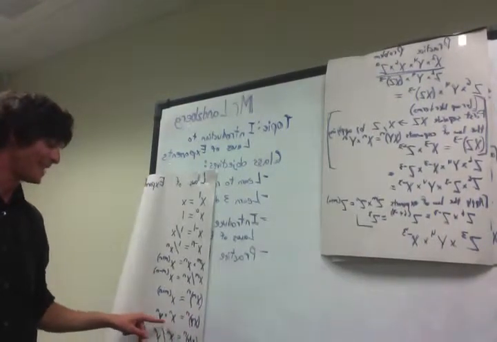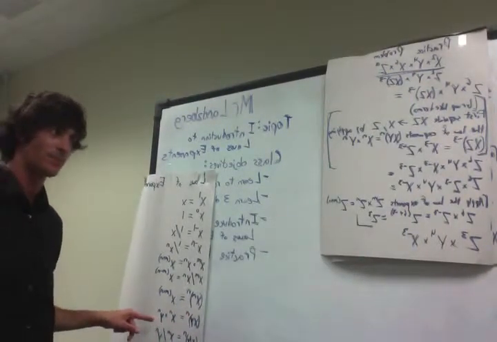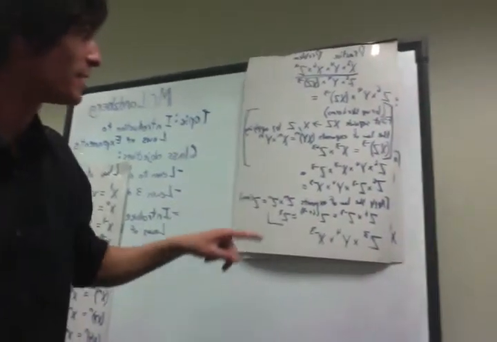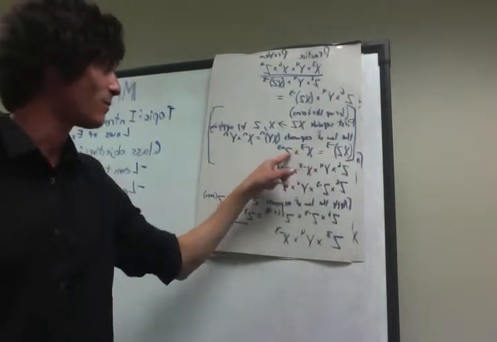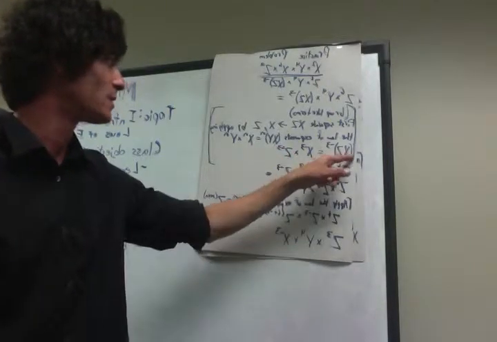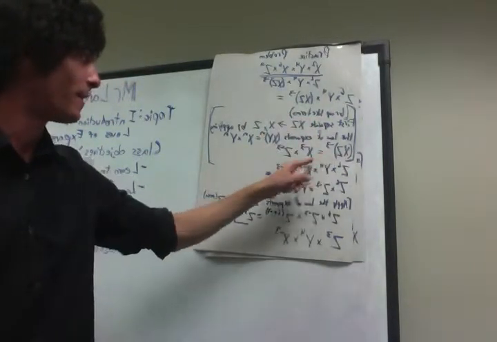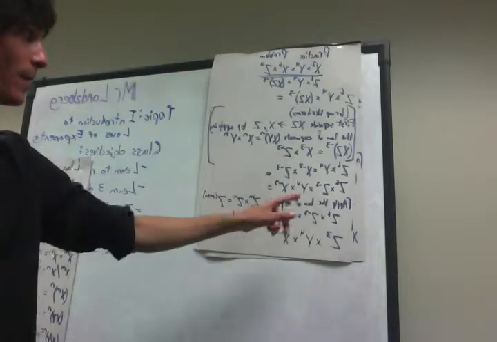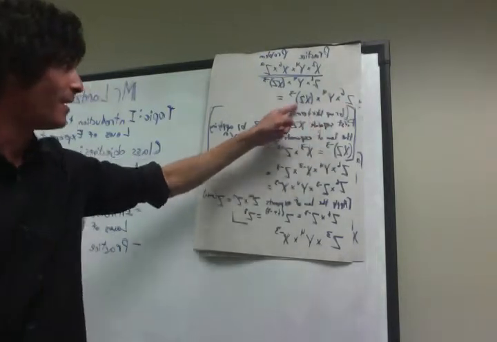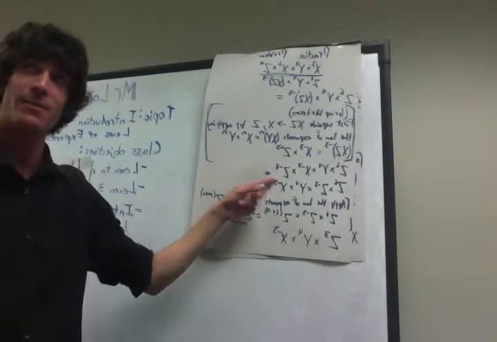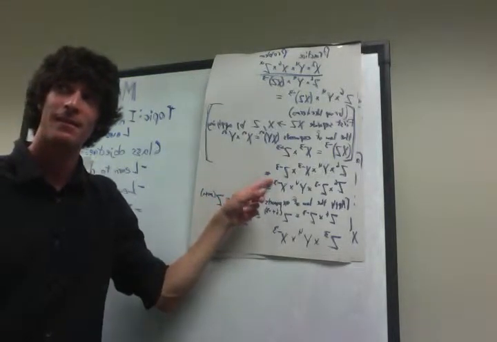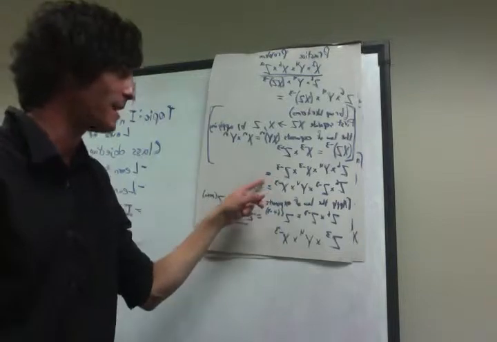X times z to the negative 3 equals x to the negative 3 times z to the negative 3. So we substitute in this term for this term because they're equal. That's how this becomes this. Does everybody follow me? Okay, we're going to have time to answer some questions after we finish this problem, okay? But I don't see any hands right now.